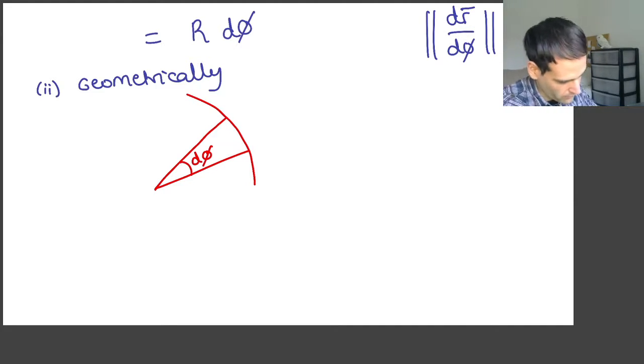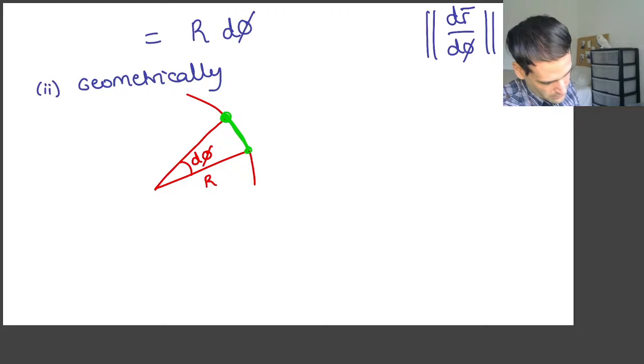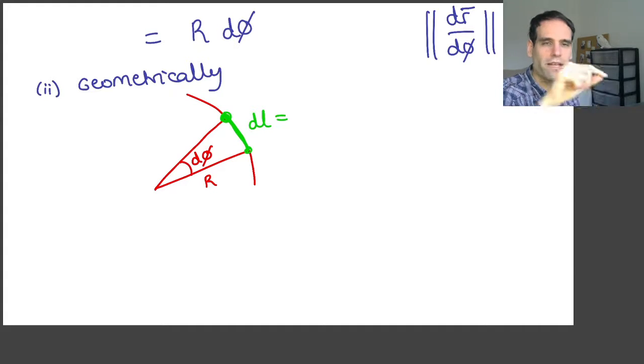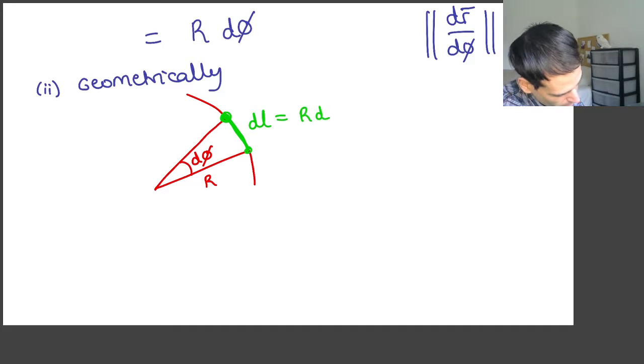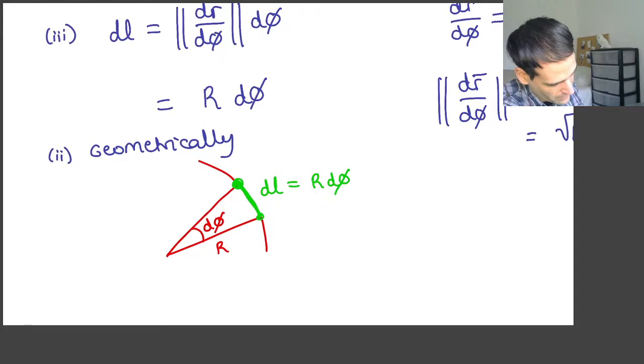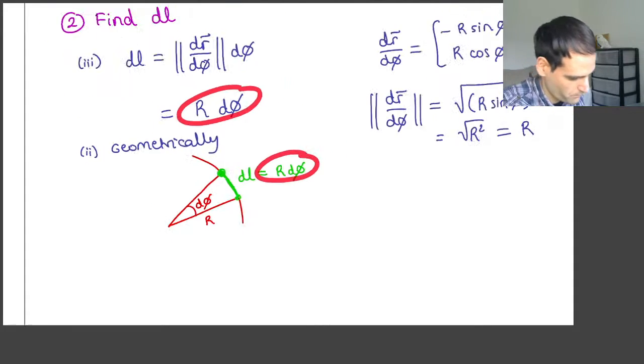So what is the length of this segment here when d phi is a differential increase? So this is our r, and this segment dl is equal to the arc length, which is the radius times the angle, so it's r times d phi, which perfectly agrees with what we got using the recipe.